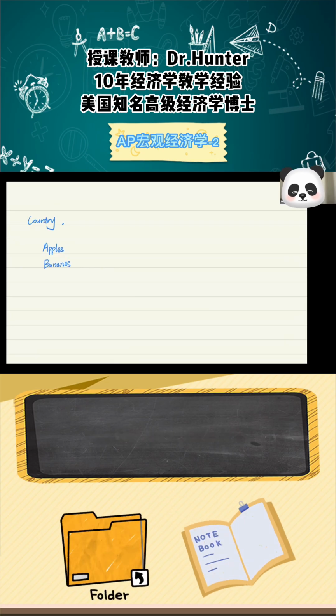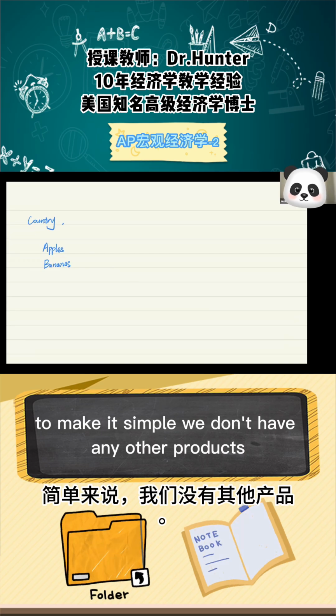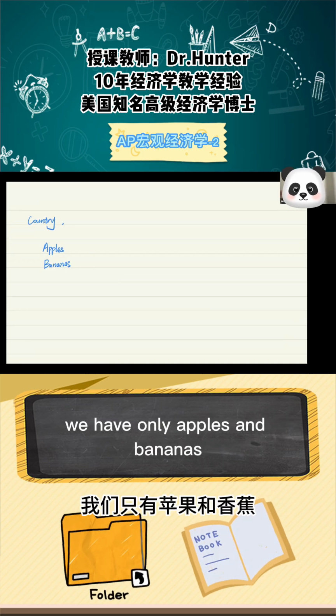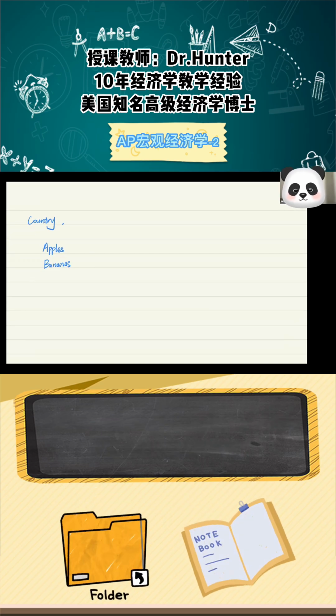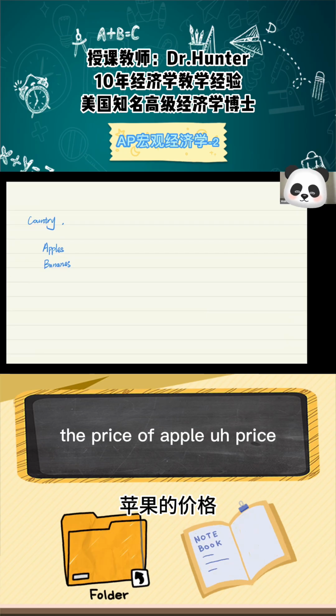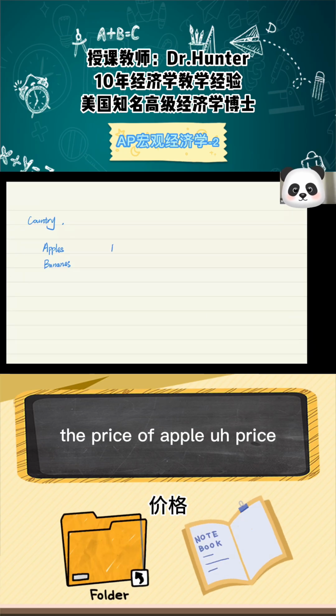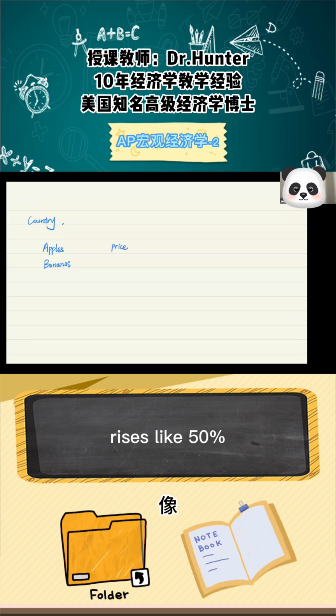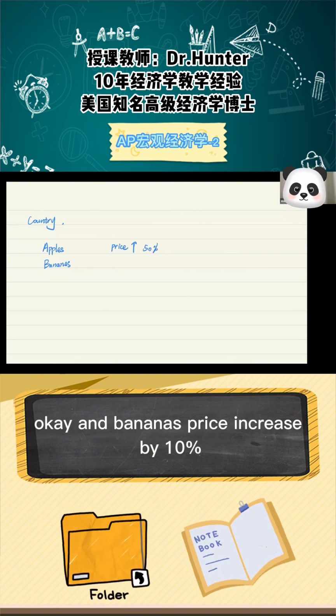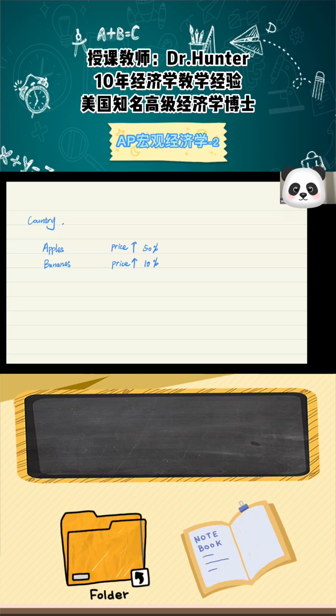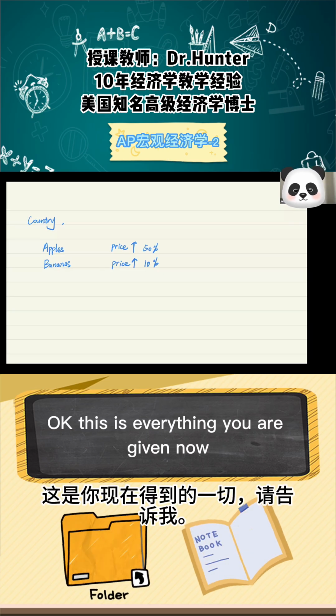To make it simple, we don't have any other products. We have only apples and bananas. The price of apples rises like 50%. And the bananas price increases by 10%. This is everything you're given.